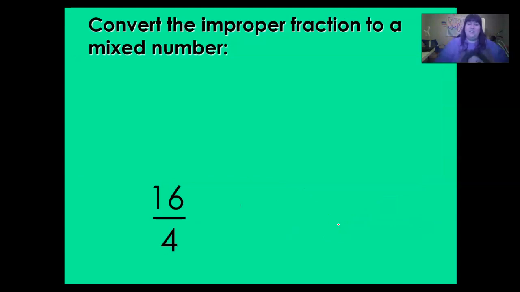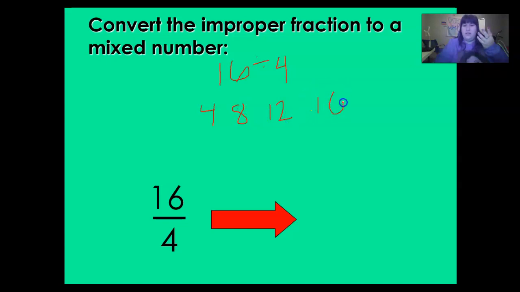All right, last one, 16/4. So we're doing 16/4 to a mixed number. You have to do 16 divided by 4. Try it. How many groups of 4 can I make with 16? 4, 8, 12, 16.